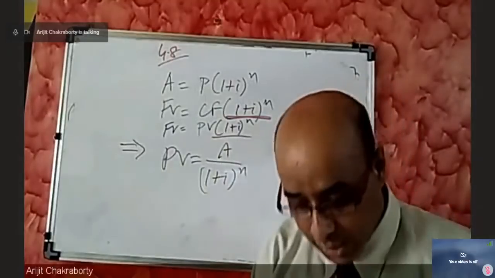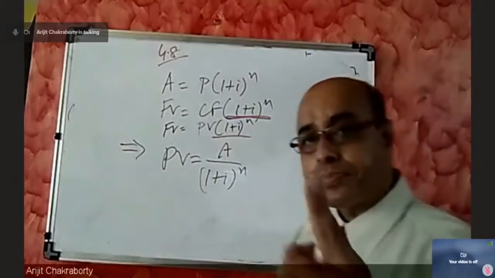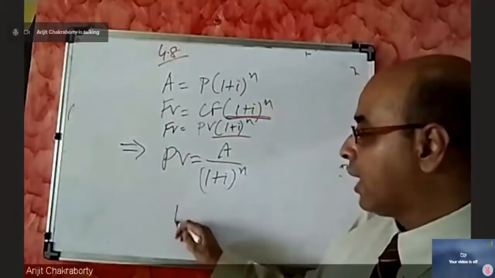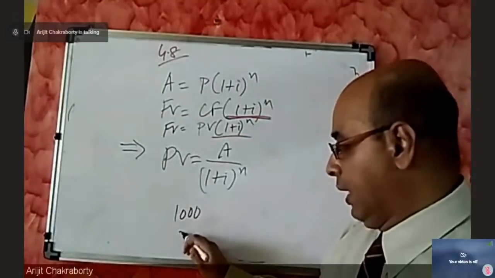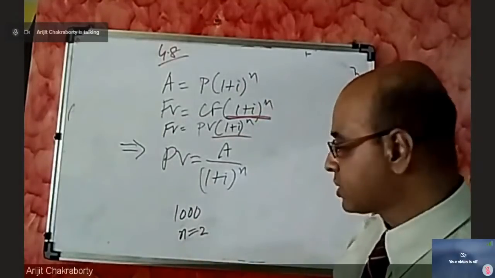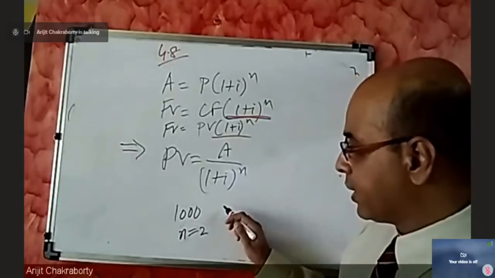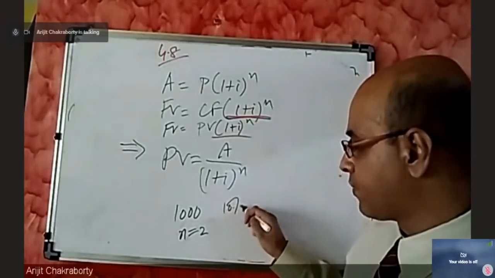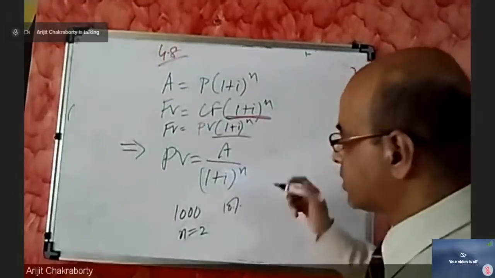Let's say 1,000 rupees, n is 2, for 2 years compounding is done, and interest is 10%. What is the amount?